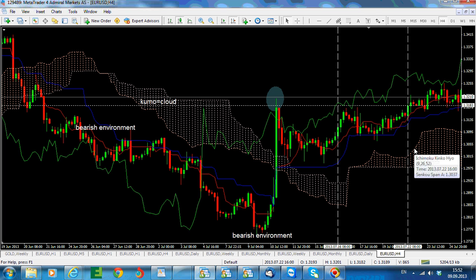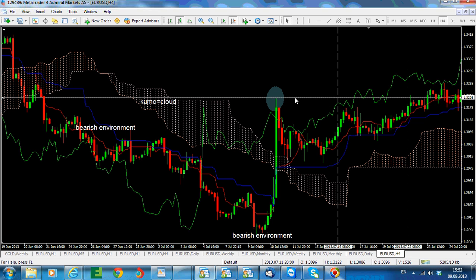Well, we do have an explanation, because at that level, if you take a horizontal line, see, exactly there was our Kinko resistance.